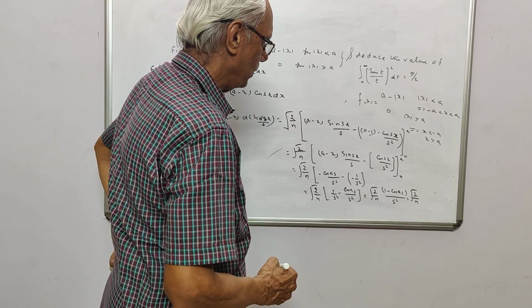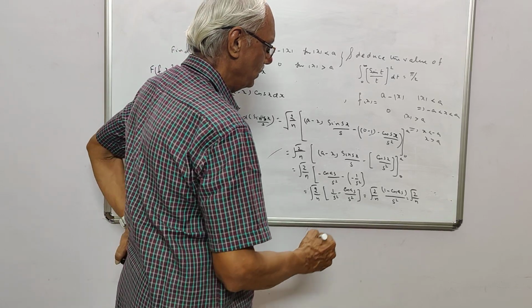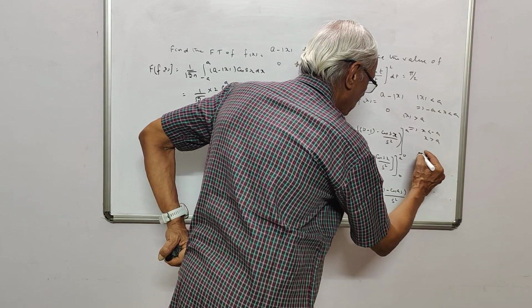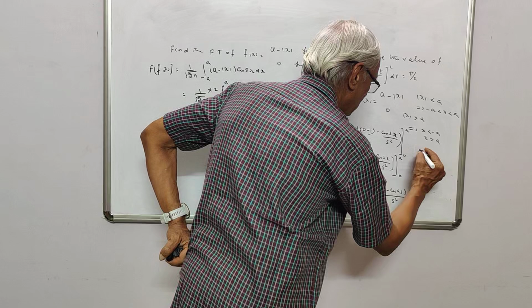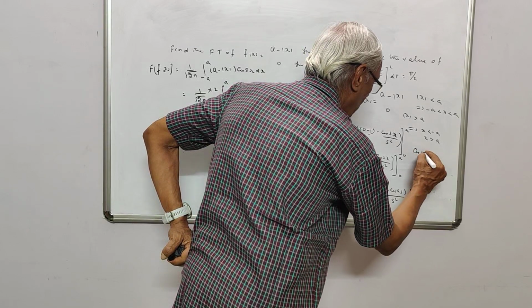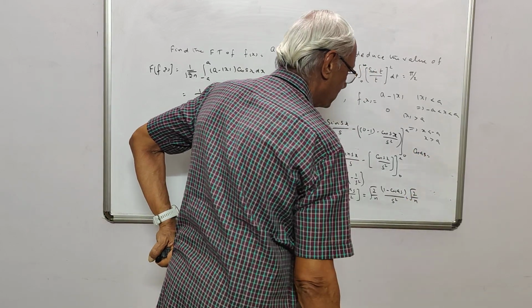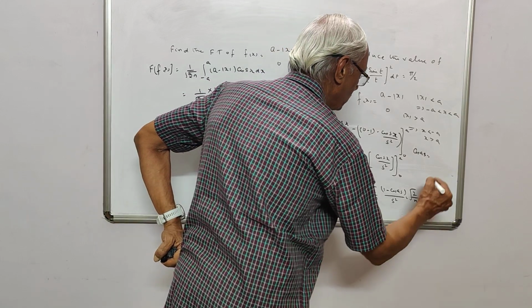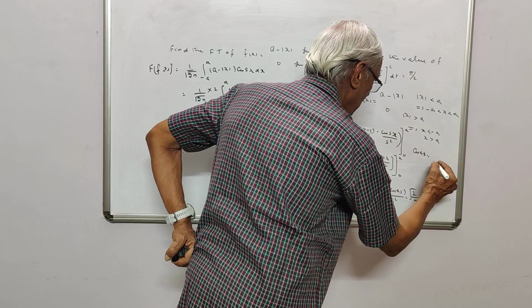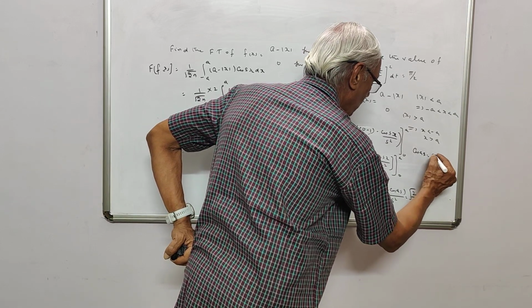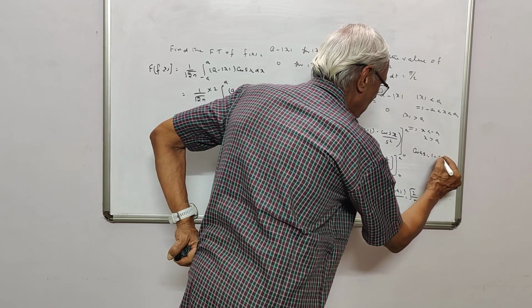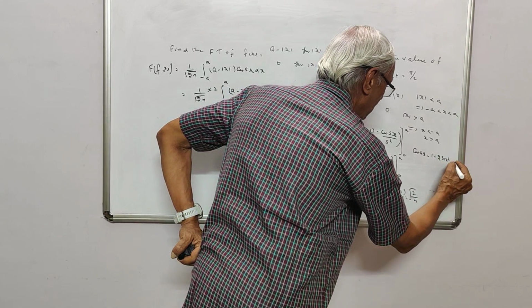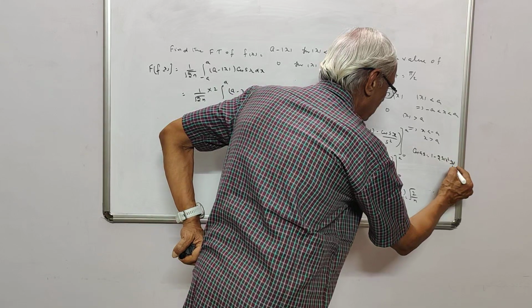We know the formula: cos as can be written as 1 minus 2 sine squared as by 2.